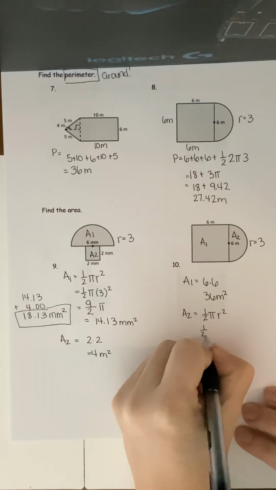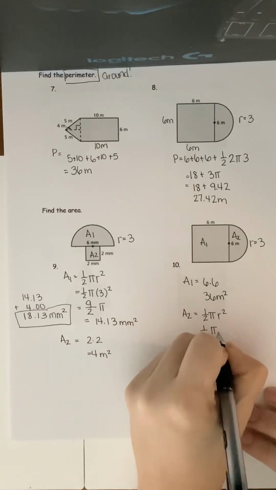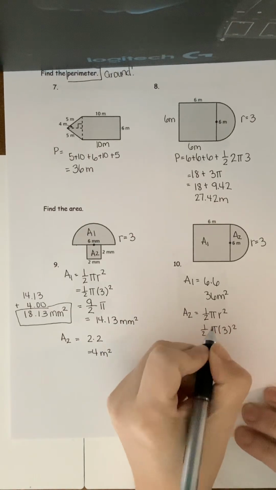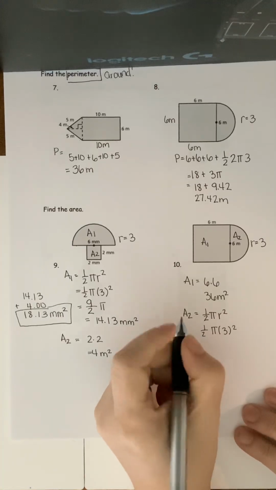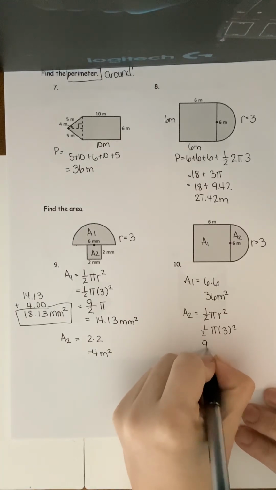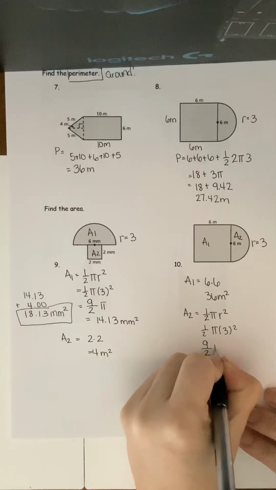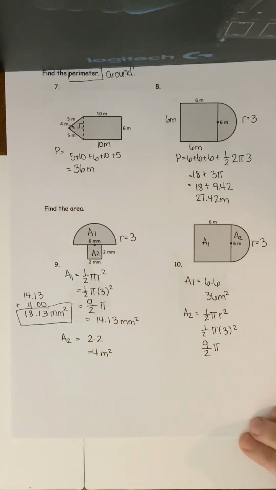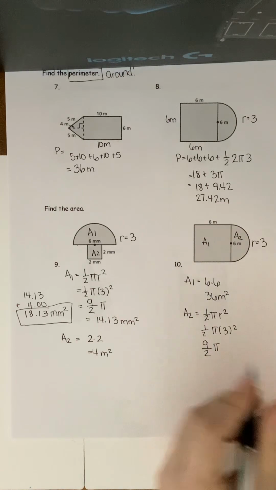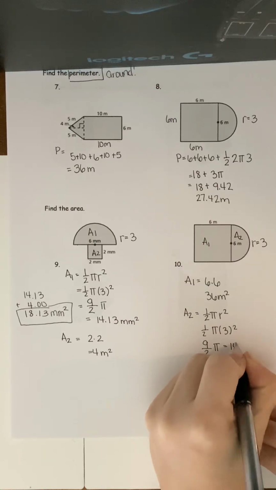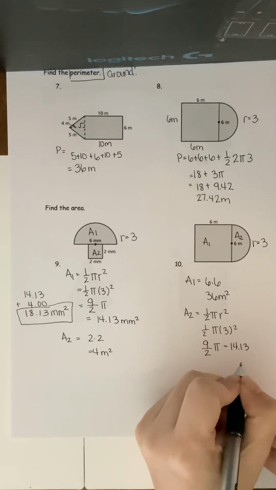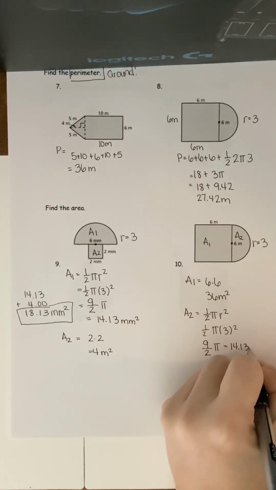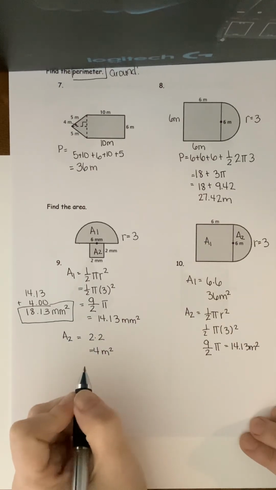So 1/2 pi, and our radius is 3, so 3 squared. We're still getting 9 halves pi, which is still going to be 14.13 meters squared. Now we're going to add them together.